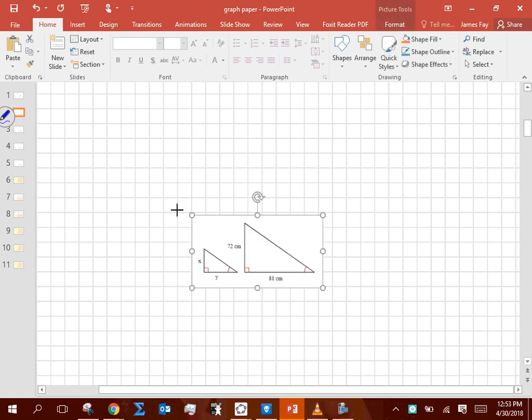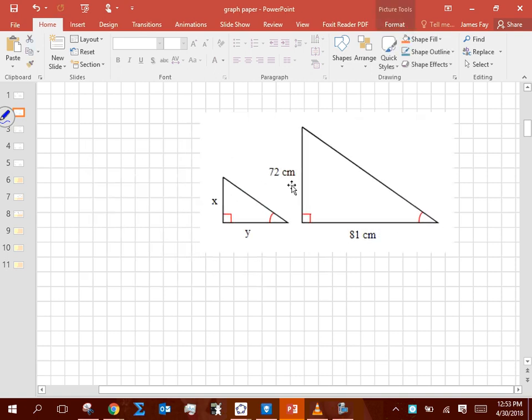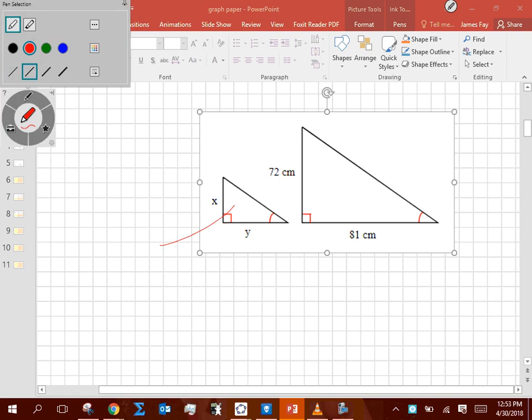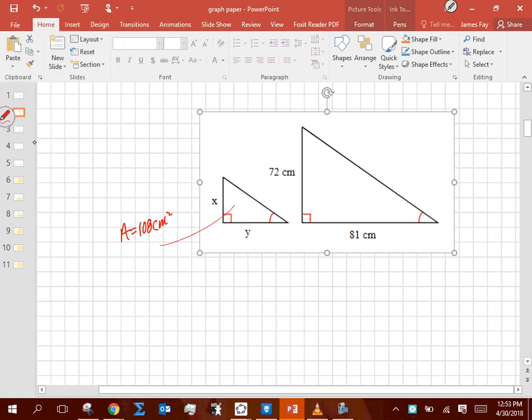All right, so it's going to give you a picture like this, and I think it told me that the area of the smaller triangle was 108 square centimeters. It asks us to find the dimensions of x and y.